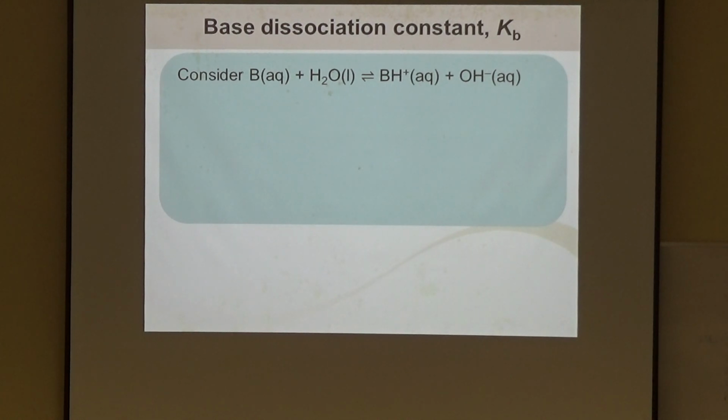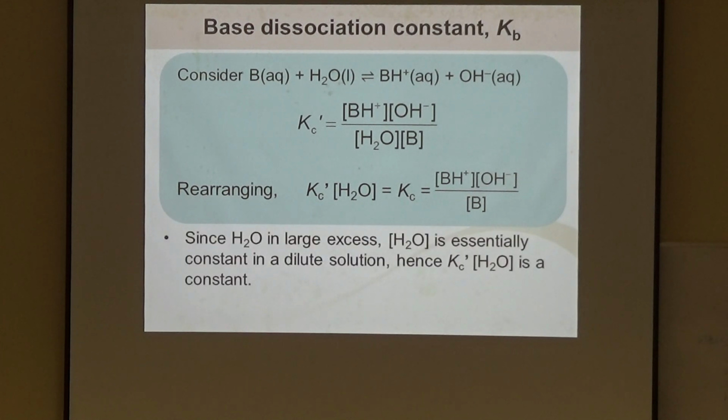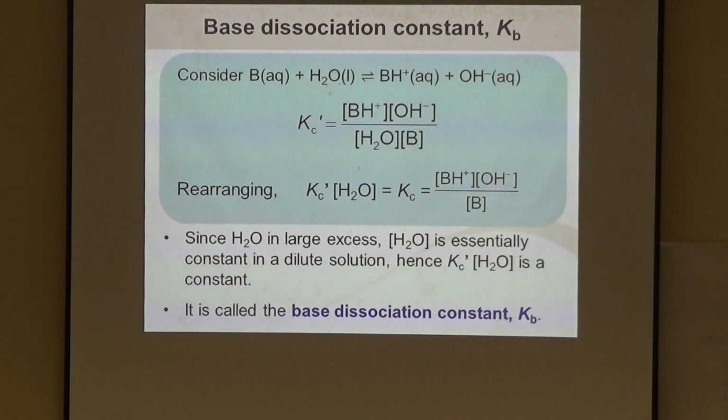For the acid, we talked about HA reacting with water, the water accepts the proton to form H3O plus, and then you get A minus. Again, this is the same explanation, so you will get Kb.